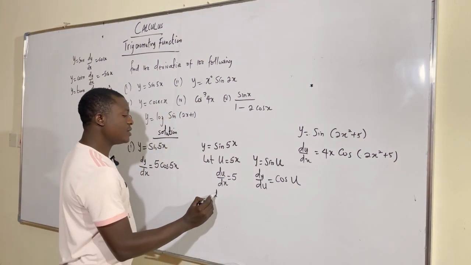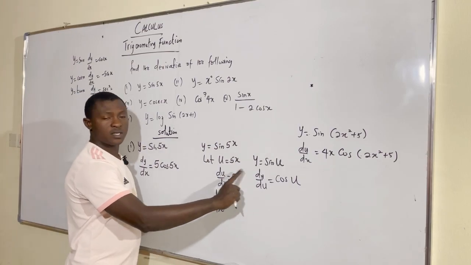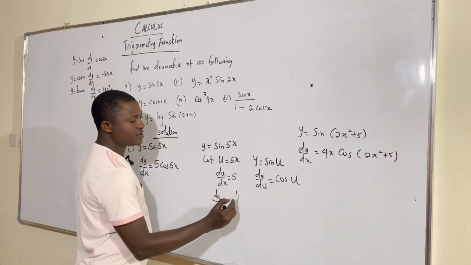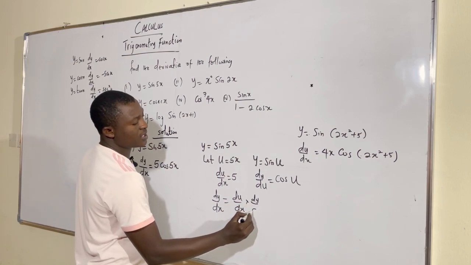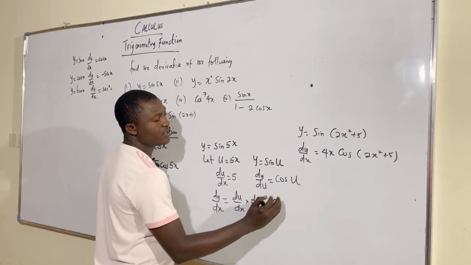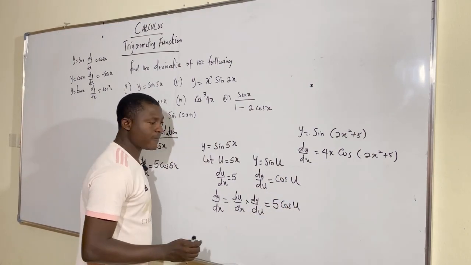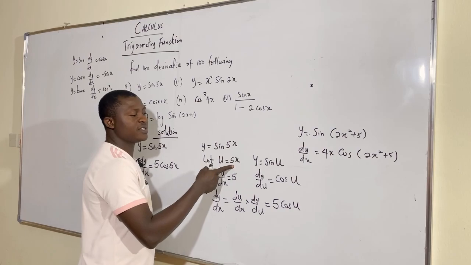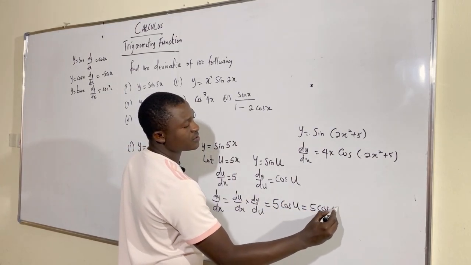Therefore, dy over dx is equal to du over dx multiplied by dy over du. du dx is 5, dy du is cos u. Our u is 5x, so we have 5 cos 5x.